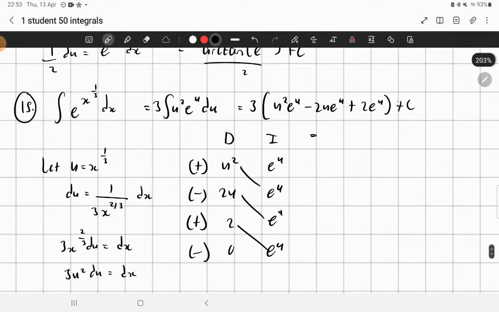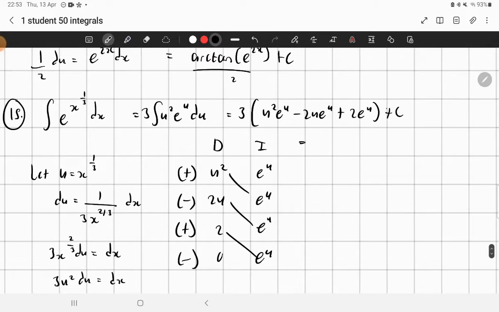And we know that u equals x to the power of 1 over 3. So basically we will have, factorizing e to the power of u, 3e to the power of x to the power of 1 over 3, times x to the power of 2 over 3 minus 2x to the power of 1 over 3 plus 1, plus c.